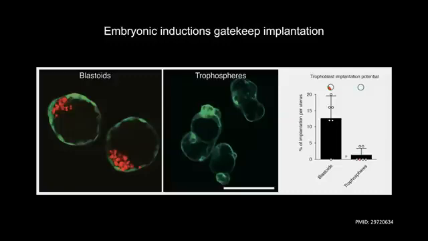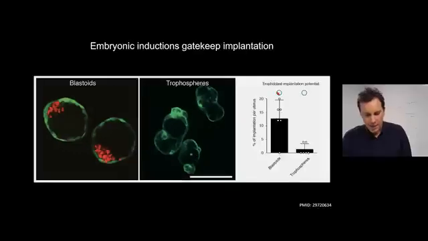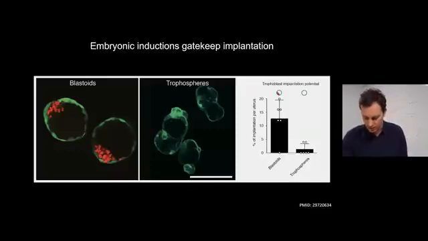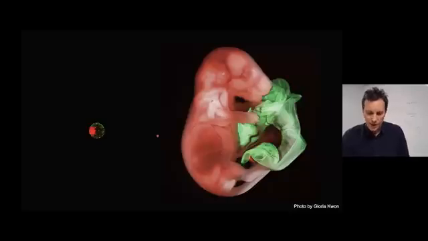We verified here that those trophospheres that lack the inducers are barely proliferating. They are barely self-renewing, they fail to undergo proper epithelial development, and they differentiate prematurely. And when transferred into the uterus, they have lost the capacity to interact with the uterine tissues.